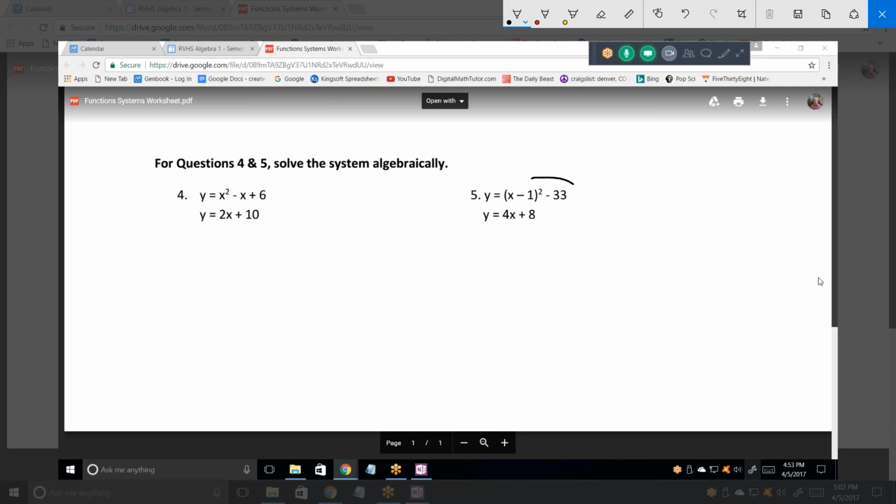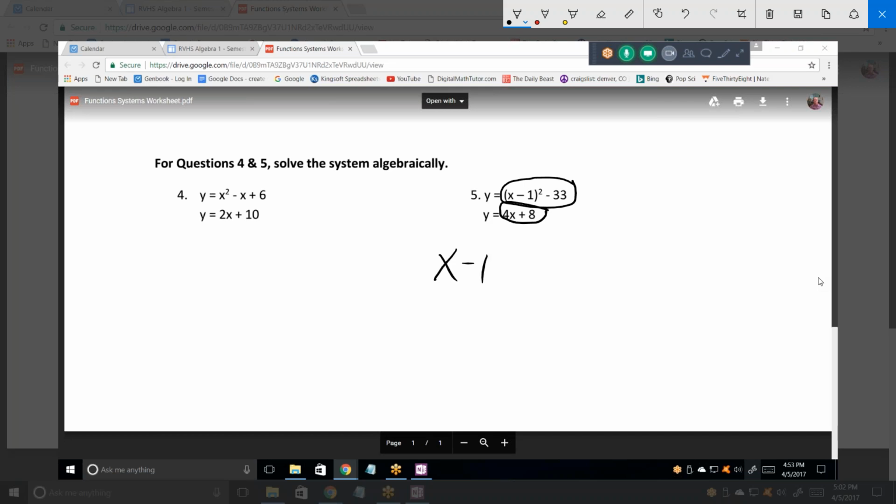No. If that y is equal to that, and the same y is equal to that, then what can I say about those two things that I've circled? They have to be equal to one another. Yeah.